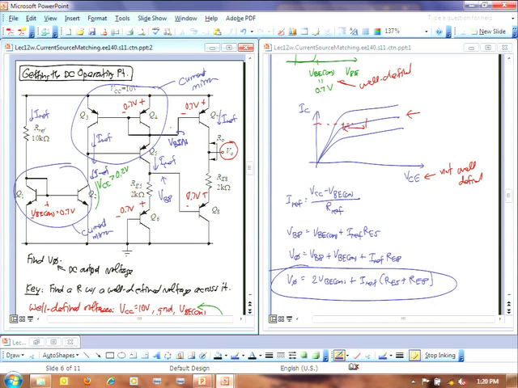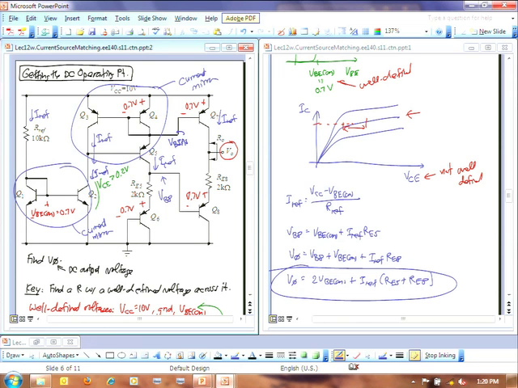The biasing determines the gms, the r0s, everything, that then determines all the small signal stuff. Okay? Maybe I'll throw a problem at you at some point that includes a saturated transistor. I know this one has no saturated transistors, right? But I can certainly generate one that you can deal with, so you can experience the inconsistency you get when you have a saturated transistor.